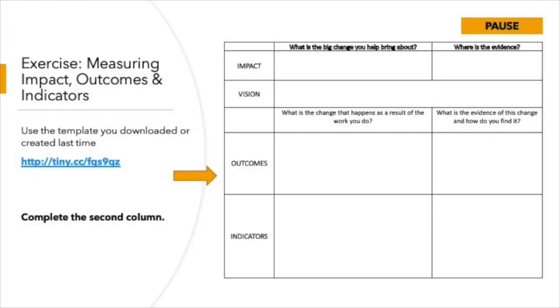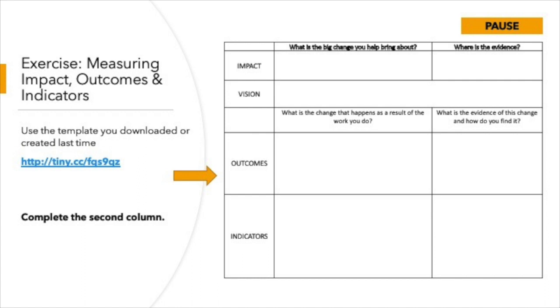In the last video, you downloaded or created a chart like this and spent time thinking about the difference you make through your activities. That's all in the first column. Have a think now about how you can evidence that change. If you were asked, how do you know, what would you answer?